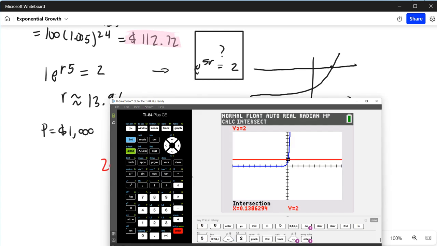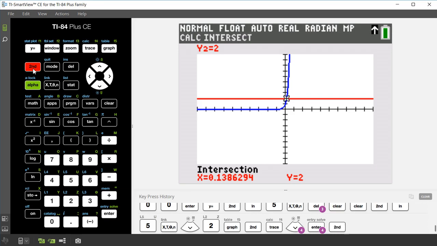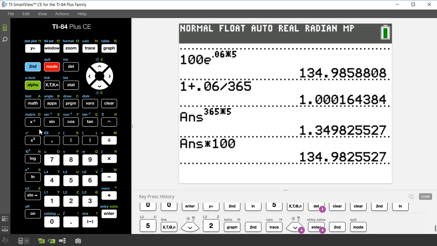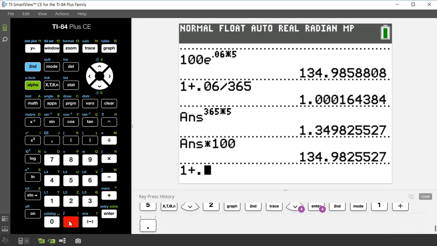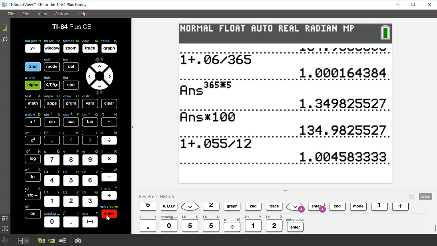And just to give you an idea of what that is, that is 1 plus 0.055 divided by 12. This gives you just the factor by which it grows, which I would not recommend rounding. This is basically the value by which it grows.